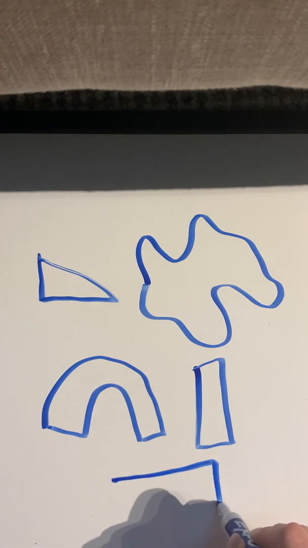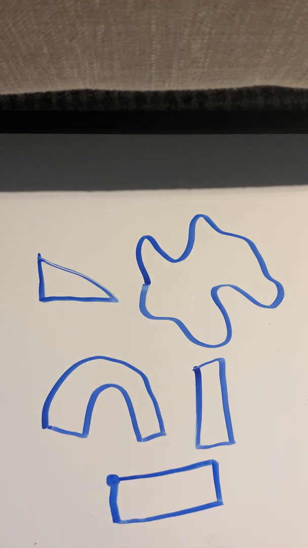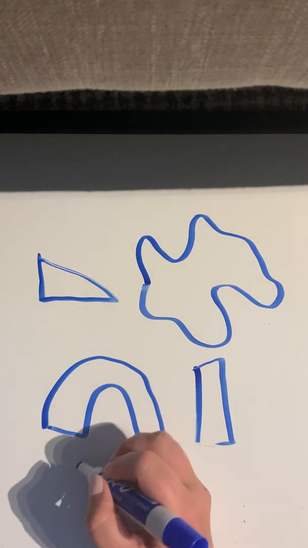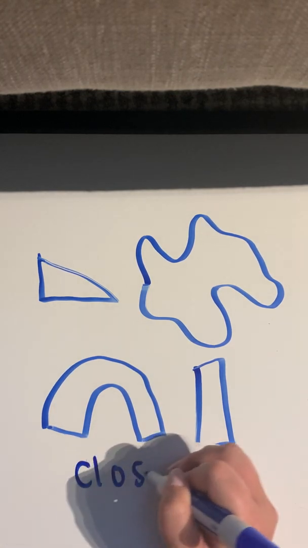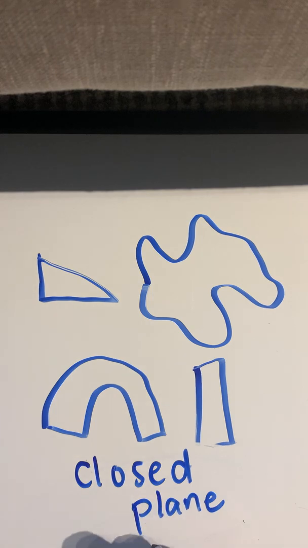I draw the shape and I end at the same point. These are closed shapes, okay? I'm gonna write that here. Everybody say closed. Excellent. These are closed plane figures.